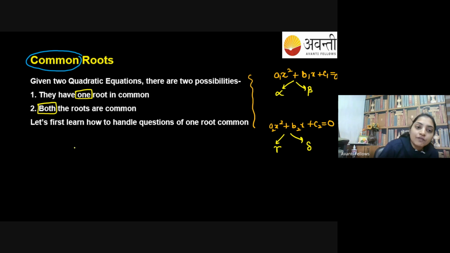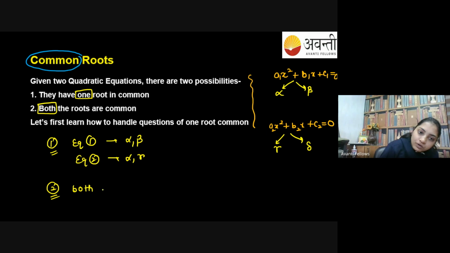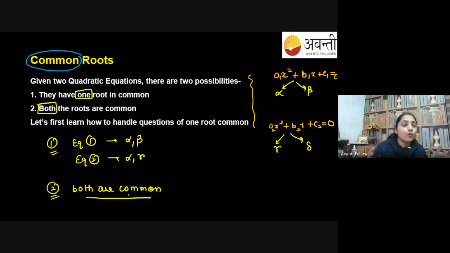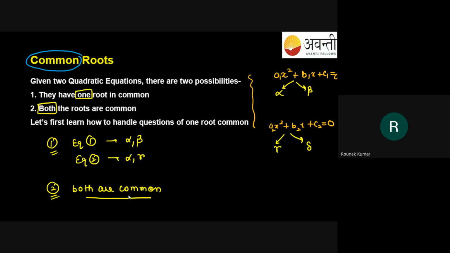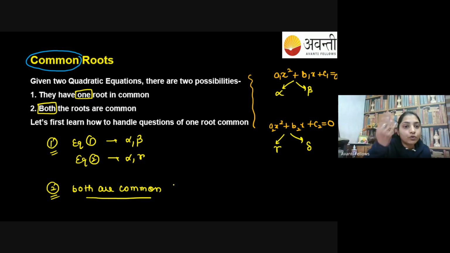It means in the first case, if equation 1 has roots alpha and beta, then equation 2 will have roots alpha and gamma. In the second case, both roots are common, it means both are the same. And if both roots are the same, the equations will coincide, meaning they are just proportional to each other.